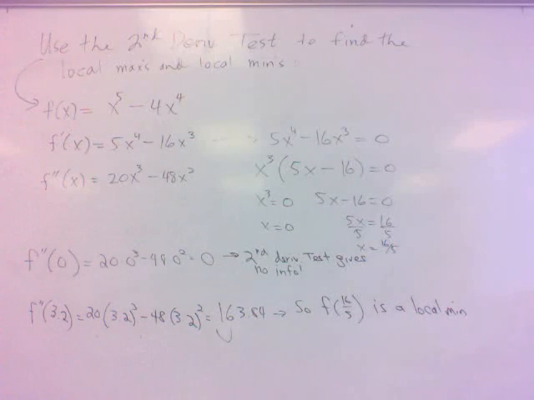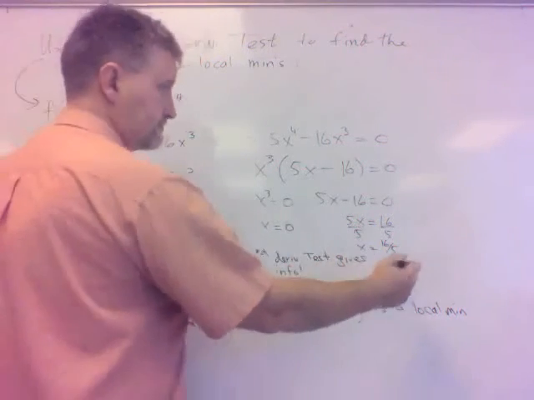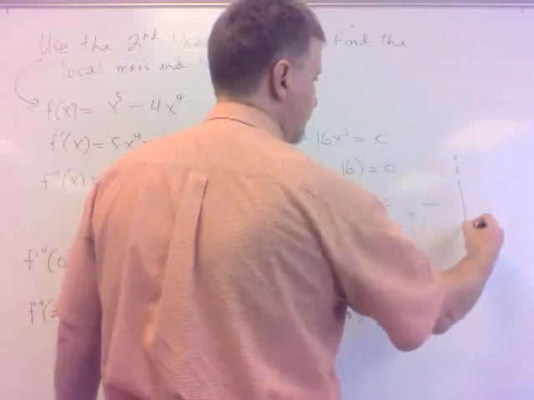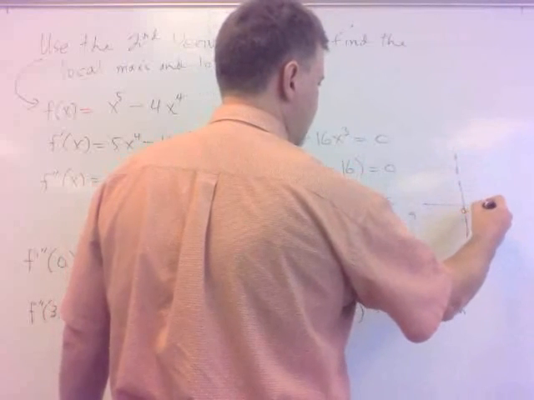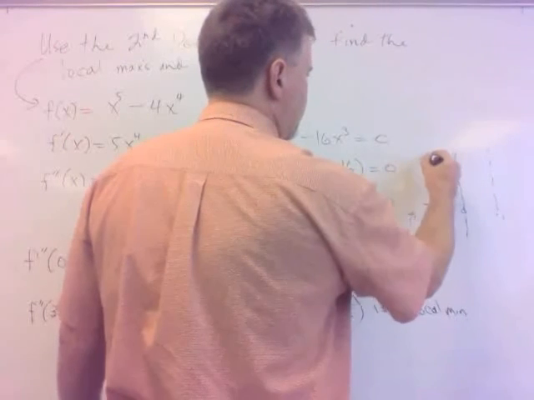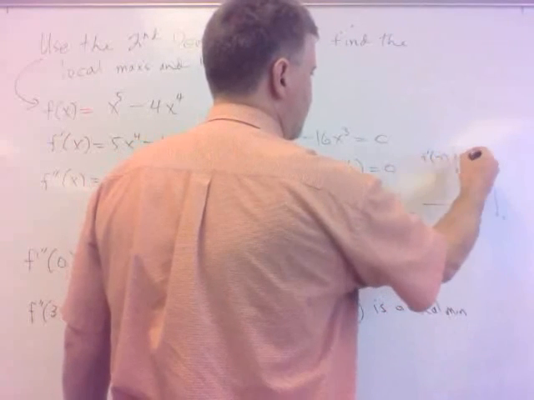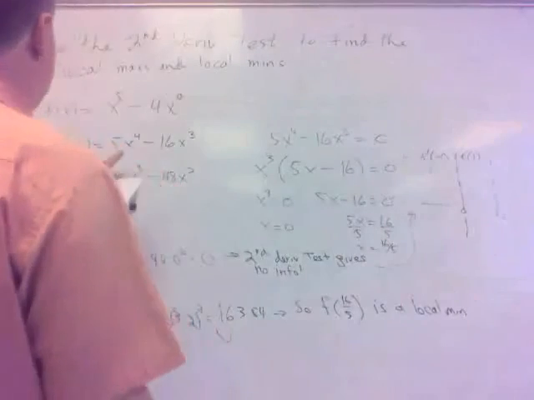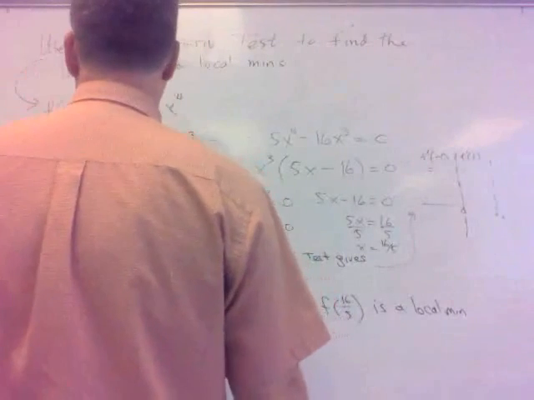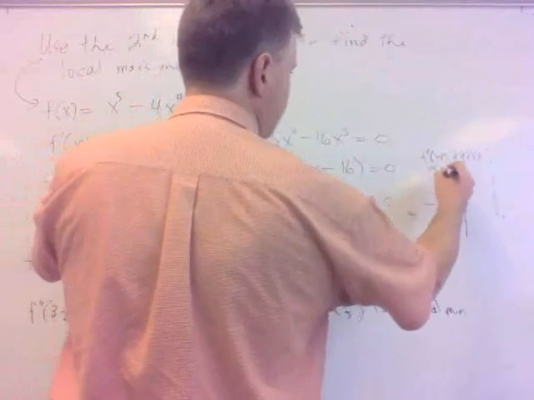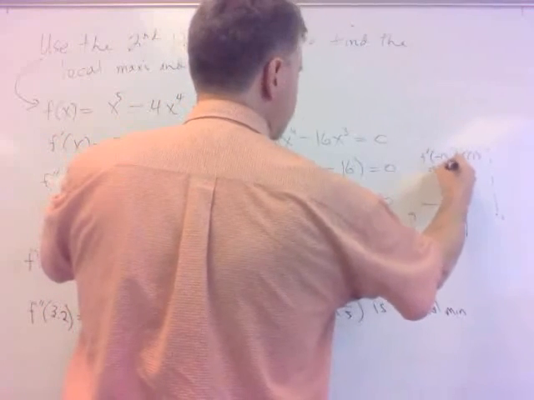However, at 0, we just have to go to the first derivative test. Break it up here: you've got 0, and then 3.2 out here. Just look on either side of 0, doing the first derivative at negative 1 and the first derivative at positive 1, and see what those give you. At negative 1, we'd have 5 times 1 is 5, minus 16 times negative 1, so that'd be plus 16.